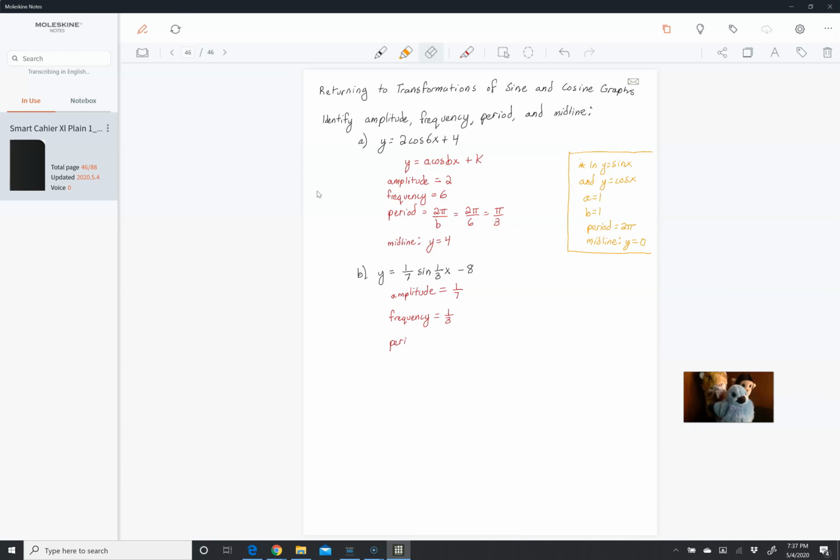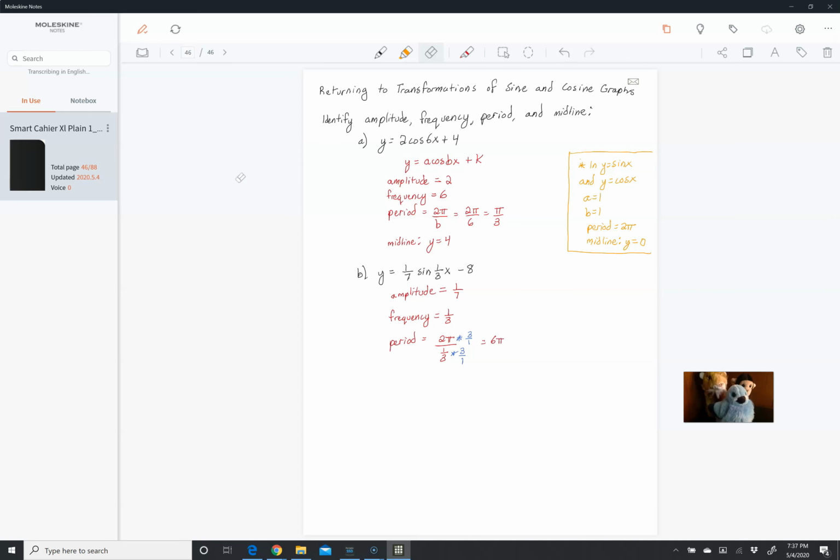Our period is 2 pi over our frequency. Now you would never leave it as 2 pi over 1/3, so you would multiply by 3/1. This is like division of fractions. You're multiplying by the reciprocal of the second fraction, the bottom cancels out, and we get 6 pi.